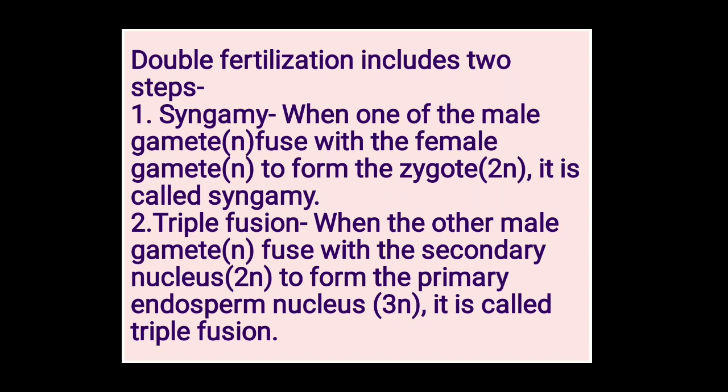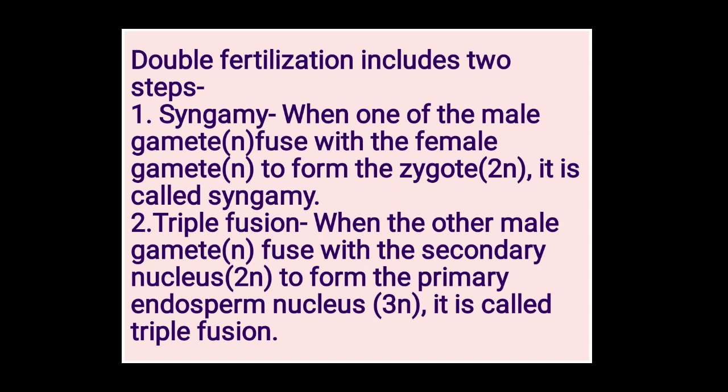One is called syngamy, and the next step is called triple fusion. Now let's see what is syngamy. See, we know there are two male gametes that are formed from the generative nucleus in the pollen tube over the stigma of the flower.